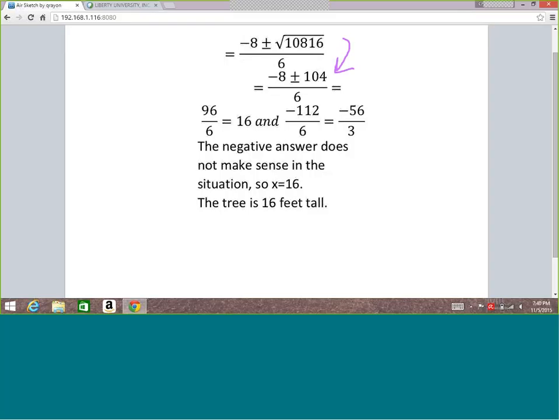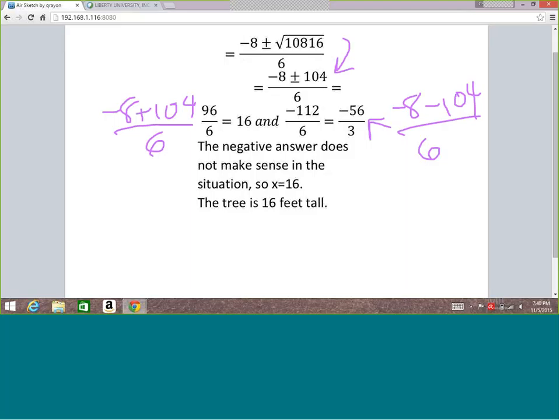I take negative 8 plus 104 divided by 6, which is 96 over 6, which is 16. And then on this side, I did negative 8 minus 104 over 6, which gives me negative 112 over 6, which is negative 56 over 3.